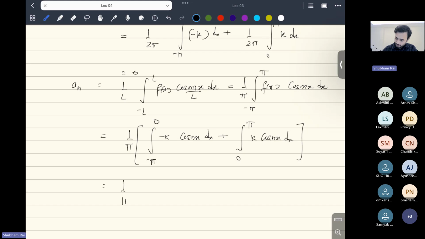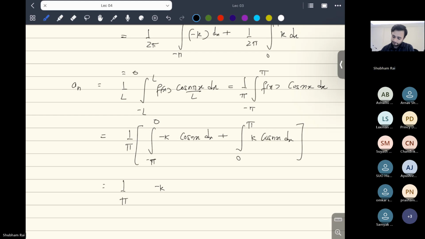You will get 1 over pi, and minus k will come out, and obviously someone was telling it is an odd function. So odd functions have equal area below and above the x-axis, so that's why they give 0 answer. So that is true, but it is a piecewise function. So firstly, you should actually split it into pieces and then you can solve it.